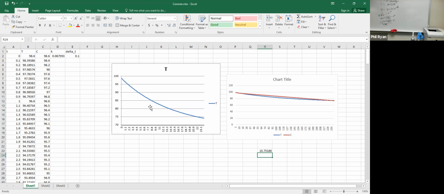The tangent line here is losing around 1 degree per hour. And over here, this line is parallel to that at around 10 3/4 hours.